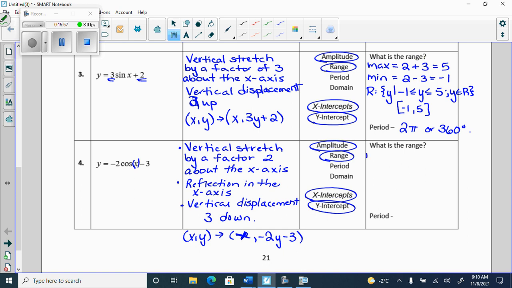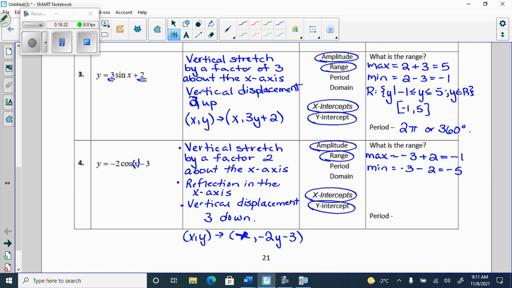Now my range, the maximum, let's say, is d, which is negative 3, plus my amplitude, which is actually 2, not negative 2. So it's going to be at negative 1. And the minimum is negative 3 minus 2, which is at negative 5. This entire graph is below the x-axis, which makes sense because you stretched it by 2, but then you shoved the whole thing 3 down, right?